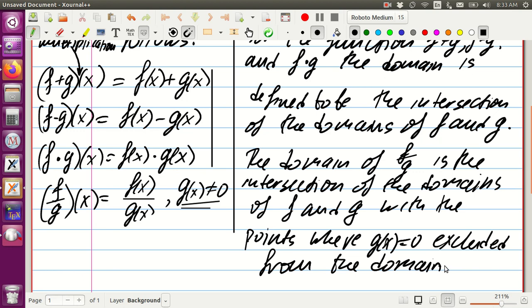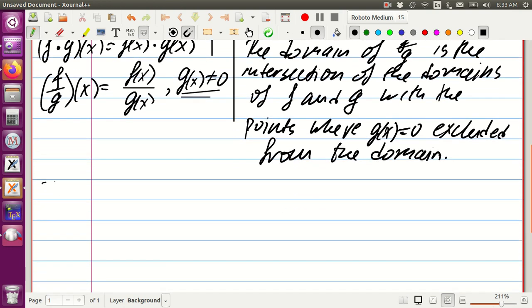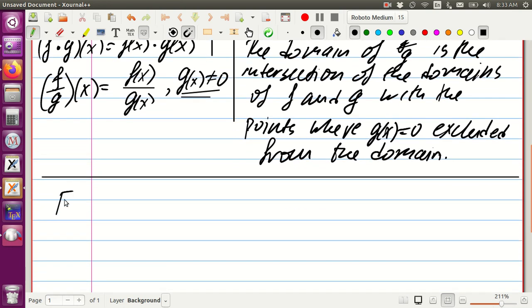So that concludes this definition. It's a pretty straightforward definition, except we have to worry when we divide f by g. So let's do some examples for these functions.